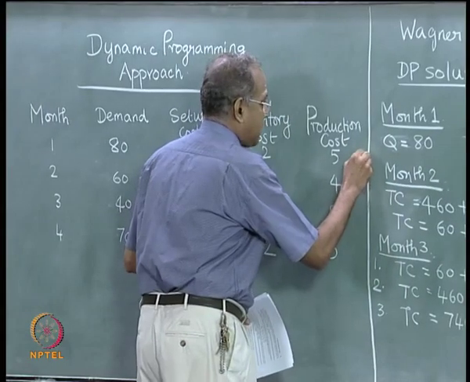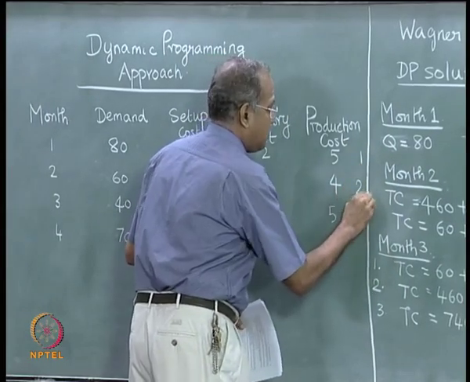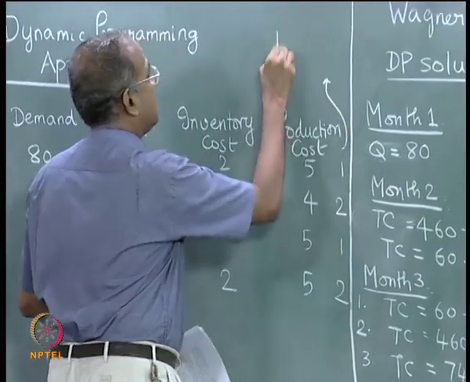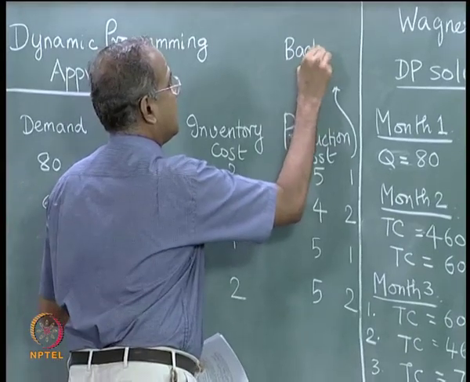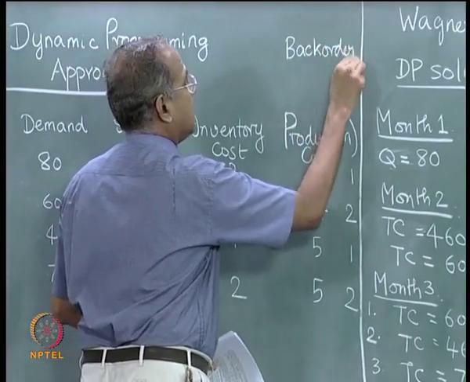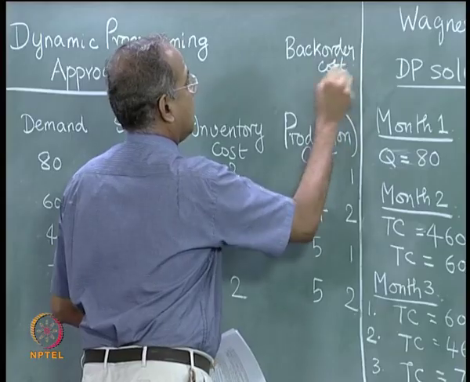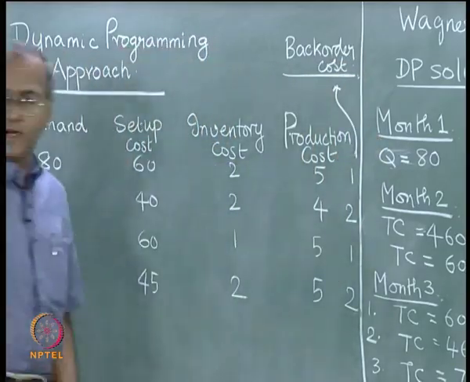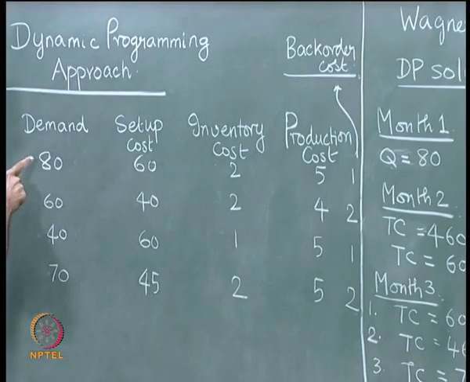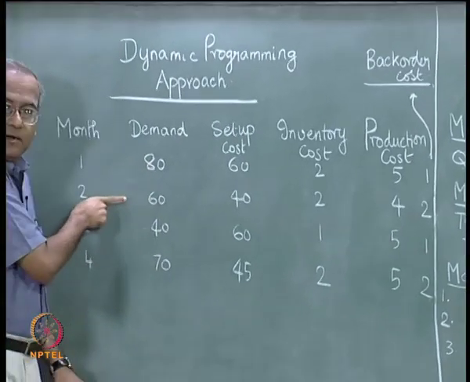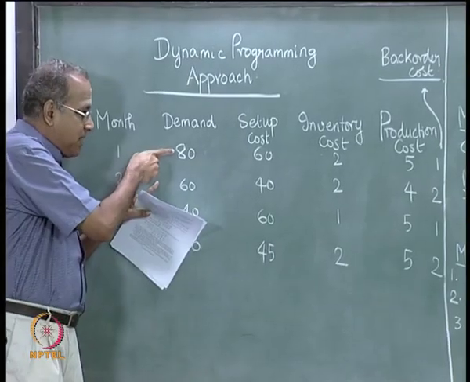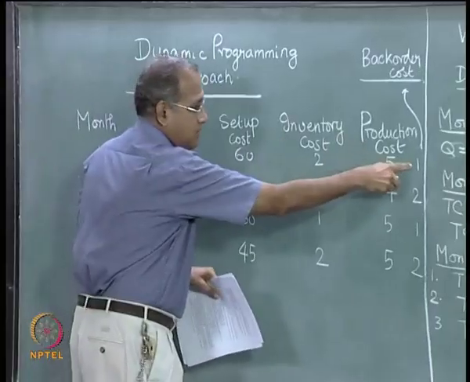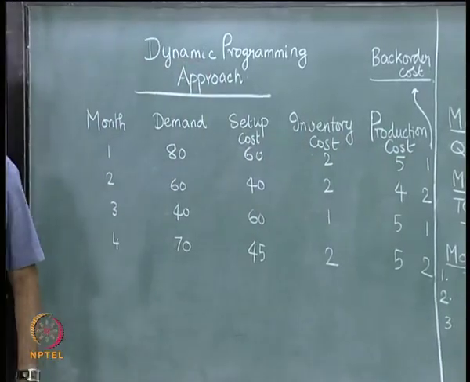So, I am going to write the backorder cost as 1, 2, 1 and 2. For example, if I choose to produce 140 here, which means this period is backordered, the backorder cost will be 60 into this 1, which is 60.